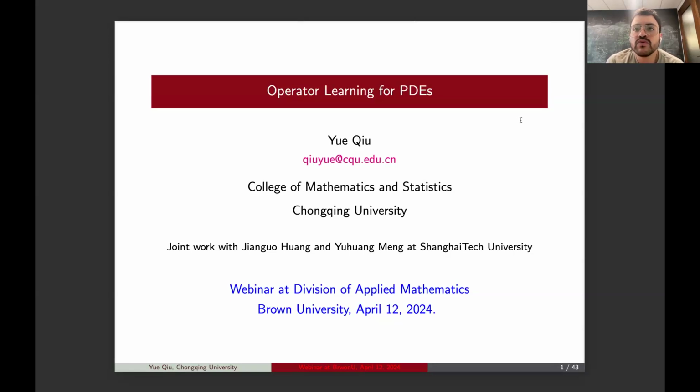He performed his postdoc training at Max Planck Institute of Dynamics of Complex Technical Systems, and he started his academic position first as an assistant professor at ShanghaiTech in 2019. His research lies in uncertainty quantification, scientific machine learning, and the interdisciplinary section.